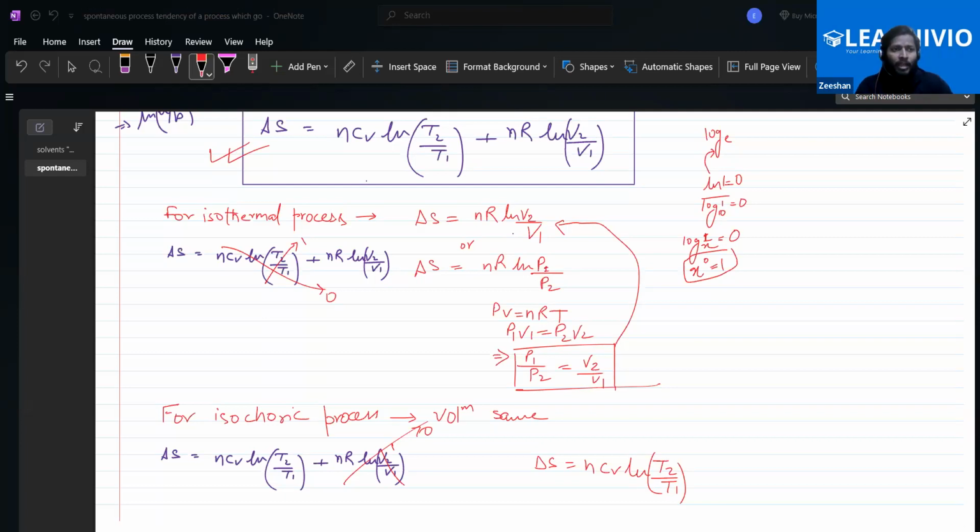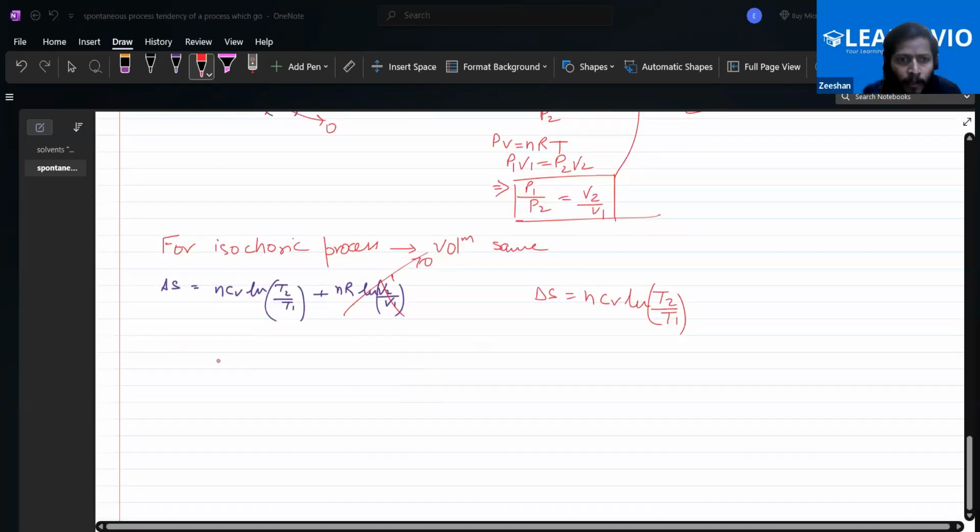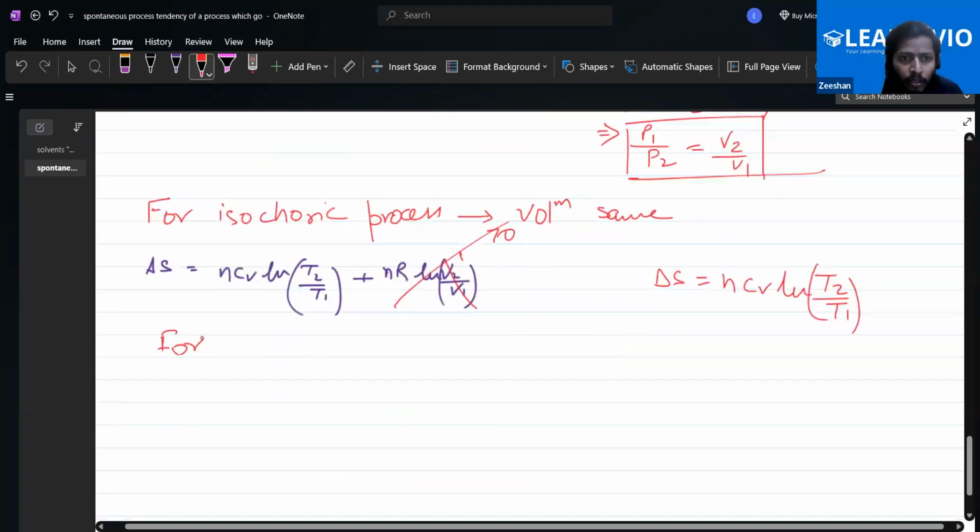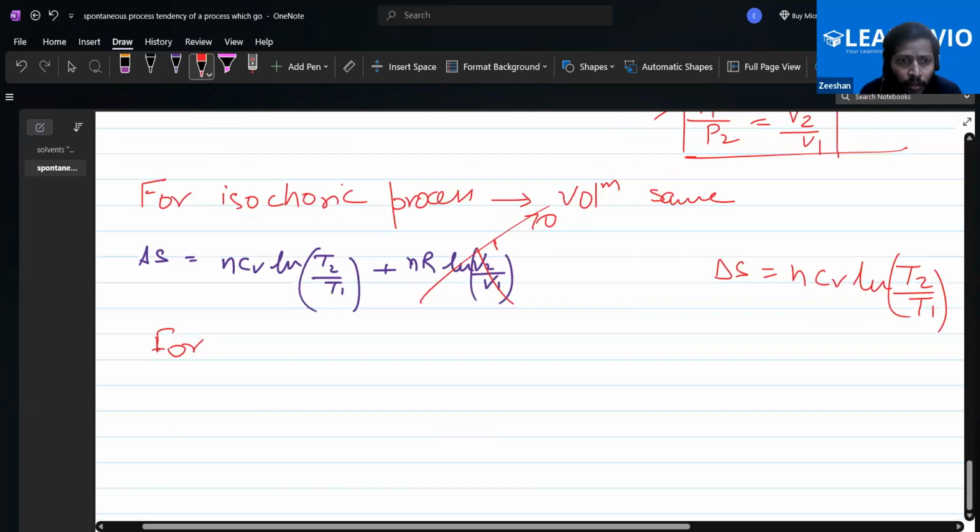And finally we have isobaric process, right? This is the last thing, and we will be good for today. Isobaric process, what is same here? Pressure. Pressure same.